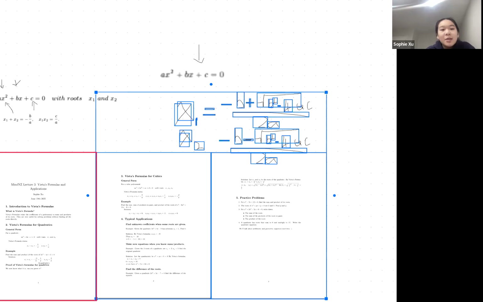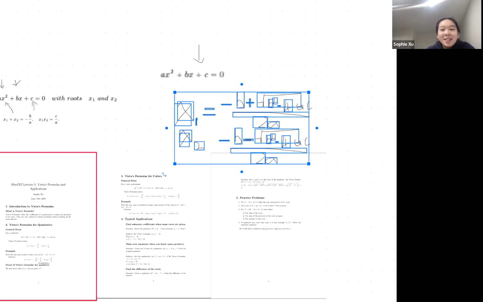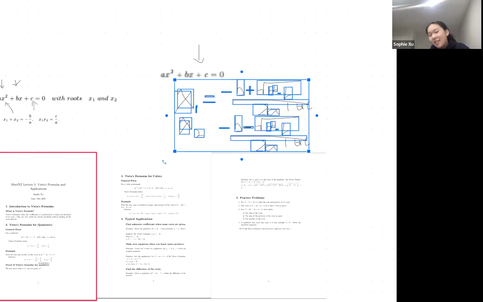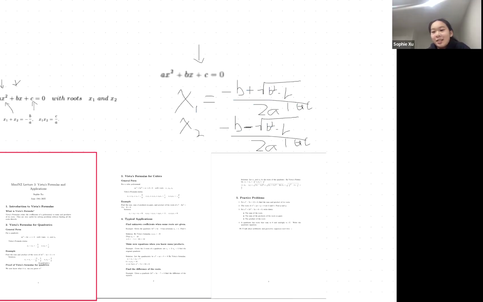Aiden, Isabel, do you want to try proving the quadratic formula? Just say yes or no in the chat. Not really. Okay. Yes or no, just give me an answer. Okay, I'll do it then.